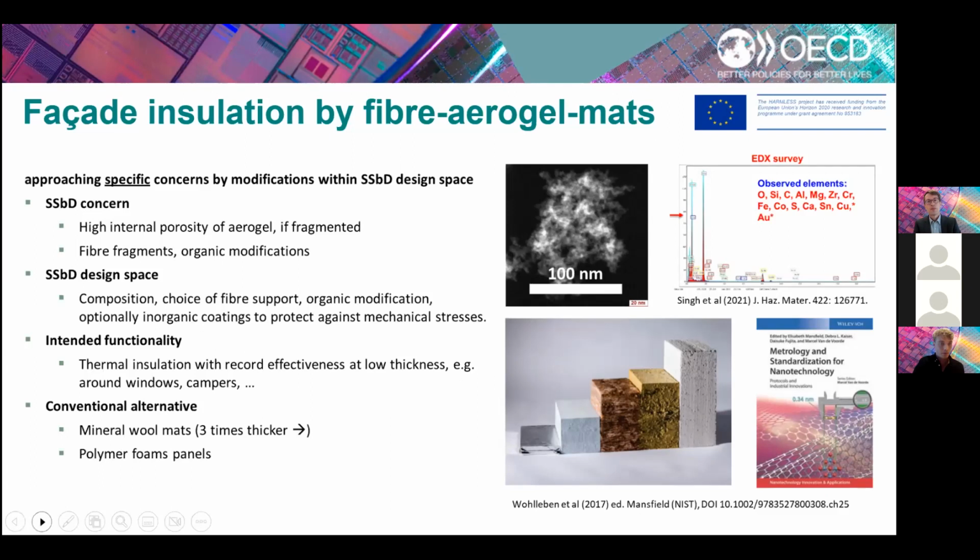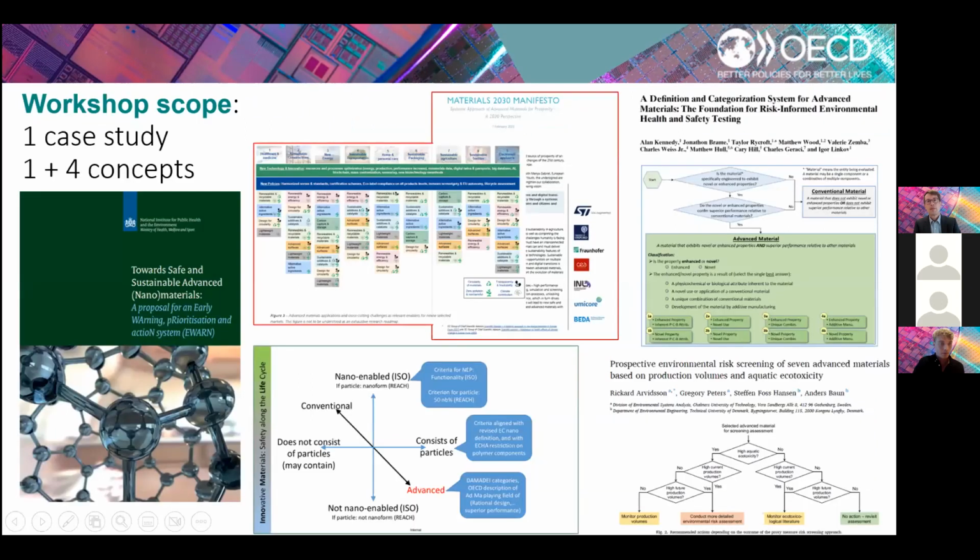In this workshop, we tested this one case study in 1+4 concepts. So that was the basic idea of the workshop. You can see that we applied, of course, the Early4AdMa at that development state that it had at that time.